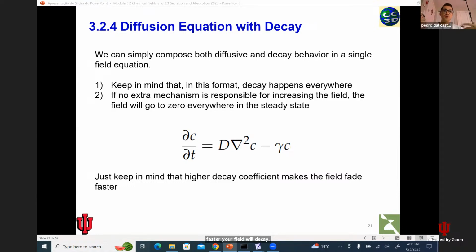So if there is no other extra mechanism responsible for increasing your field, for example, a source, the field will inevitably go to 0 everywhere in the steady state. So you will lose all your field as time goes on. Okay.